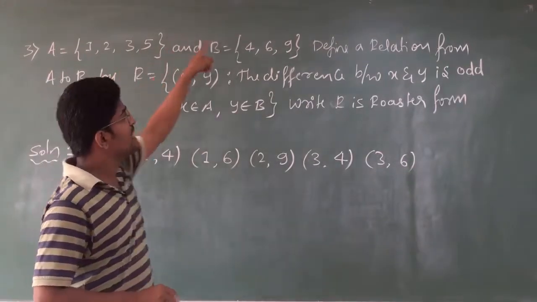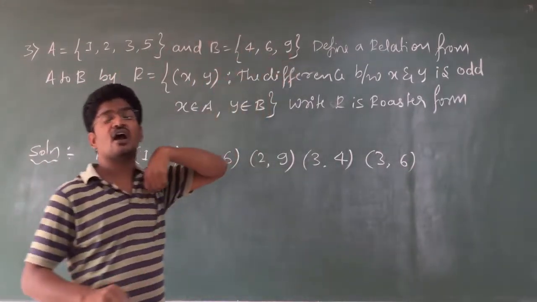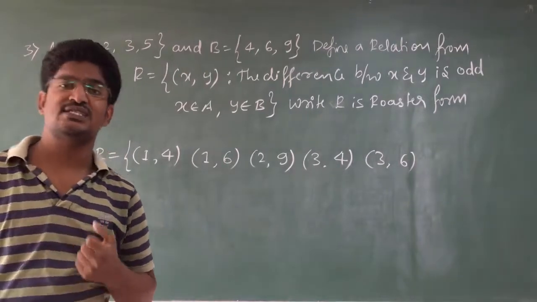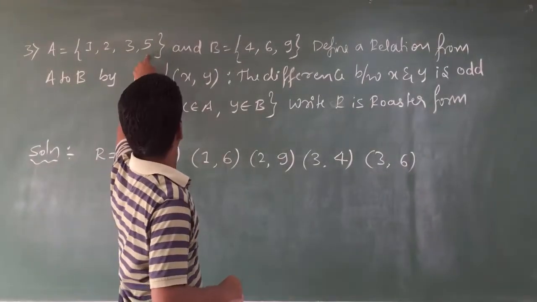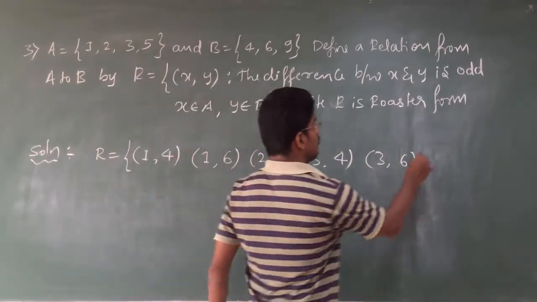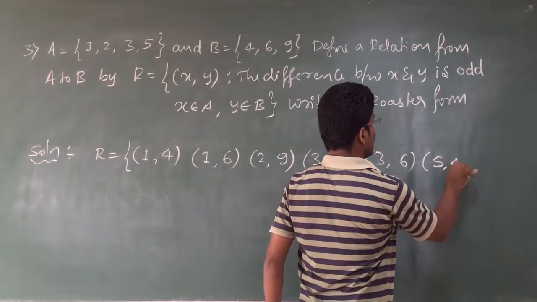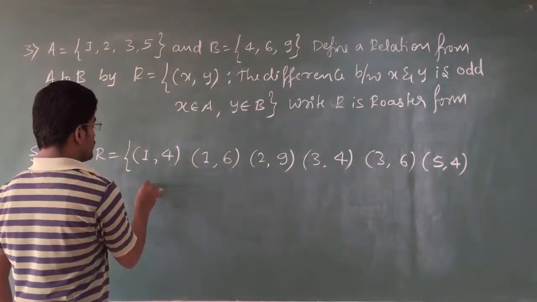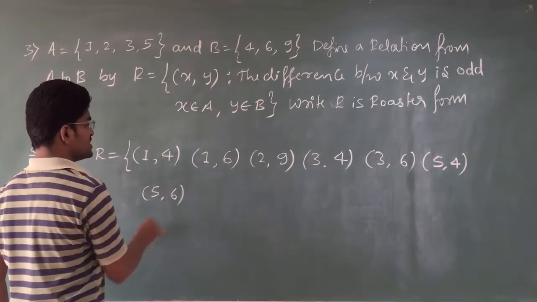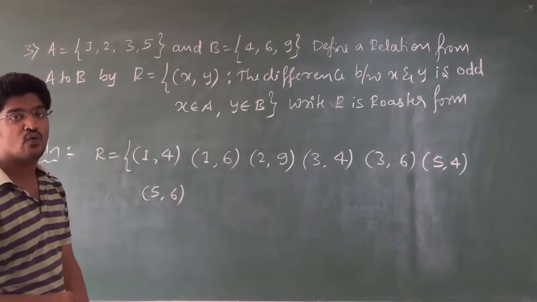For 3, again can I choose 9? No, I can't choose 9 because the difference is 6. Therefore 6 is an even number. So now go for 5. For 5, I can choose 4 because the difference is 1. For 5, I can choose 6 because the difference is 1.